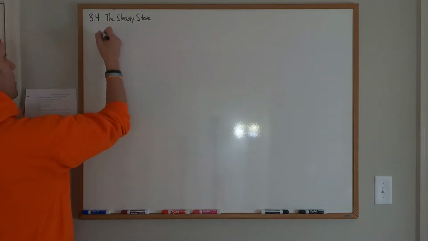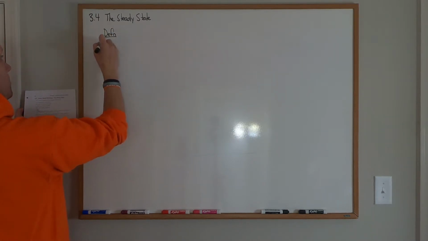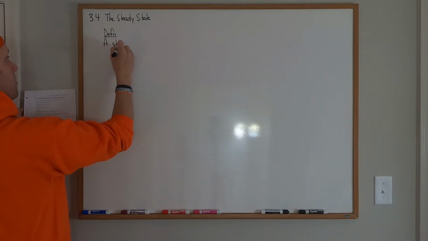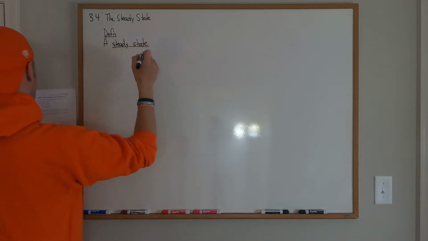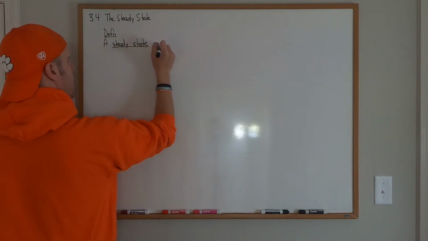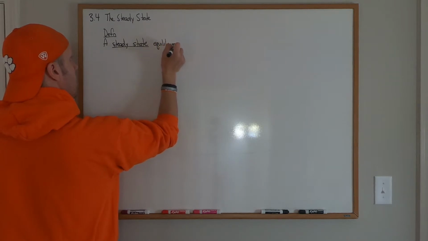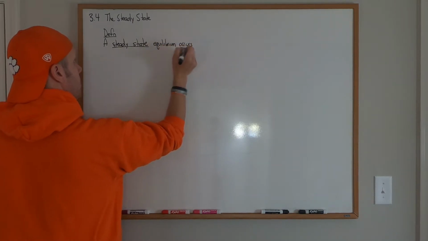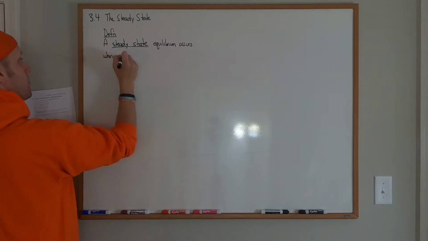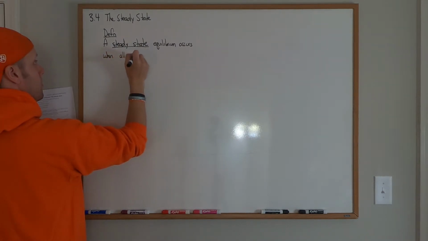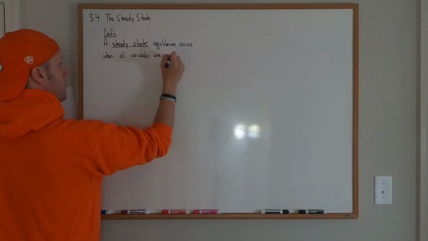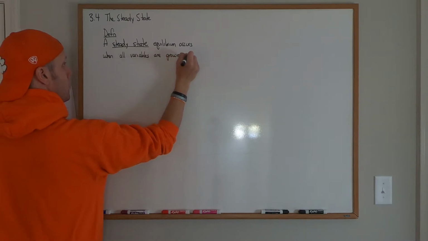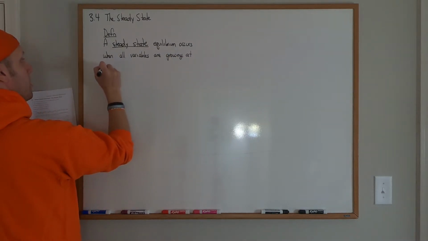So what we need is another definition. A steady state equilibrium occurs when all variables are growing at a constant rate.